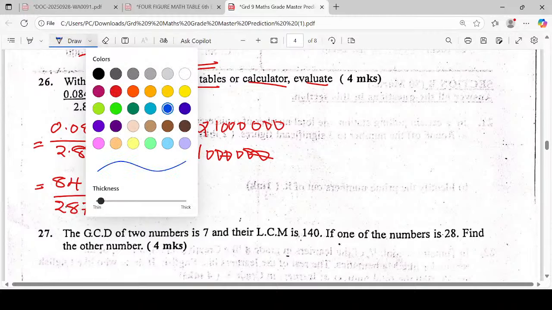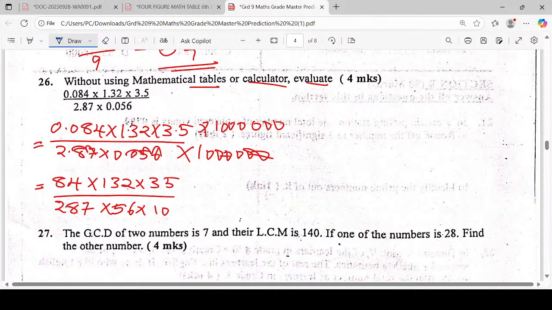So my approach is that I can now simplify this further. I'm going to begin my simplification process by saying 7 into 35 is 5 times, 7 into 56 is 8 times.